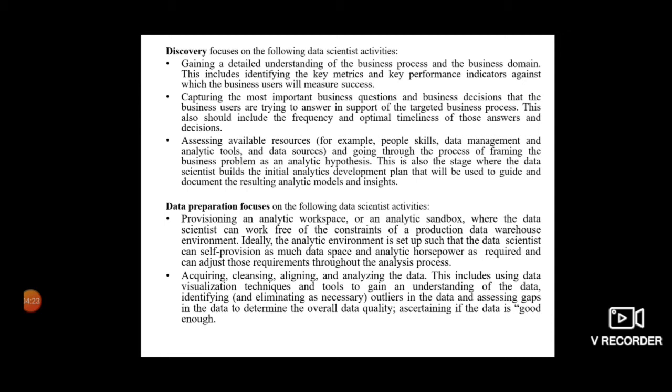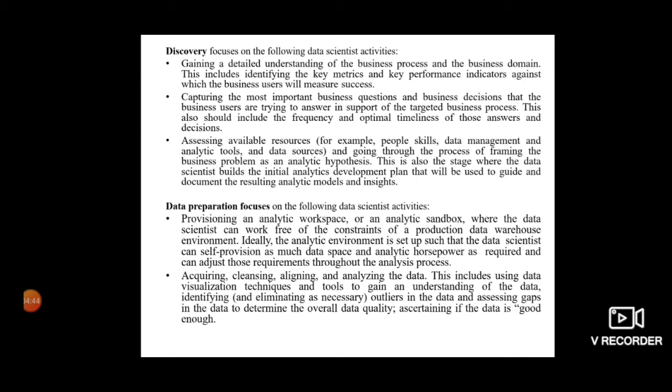Also, the activities which the data scientist has to perform involve obtaining, cleaning, aligning and examining the data, which includes the use of data visualization techniques which we have discussed in the last unit.